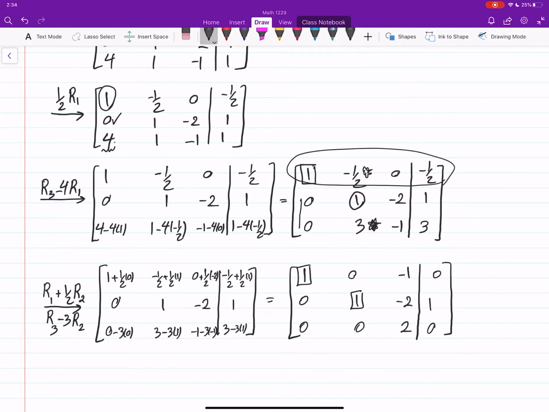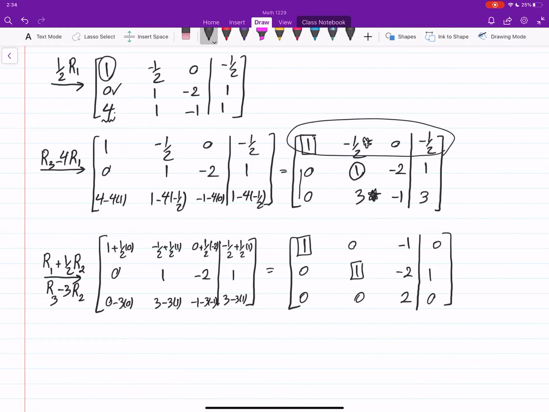We have to now move and find the third leading one. Okay, ignore these, move from left to right, column by column check. Is there any non-zero entry in the first column? No. Is there any non-zero entry in the second column? No. Is there any non-zero entry in the third column? Yes, there is one. Choose that to be your leading one, and it is in the right place.